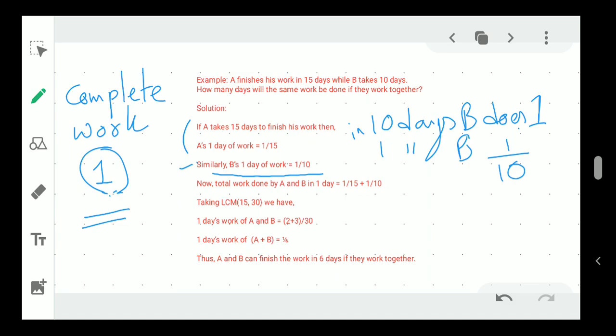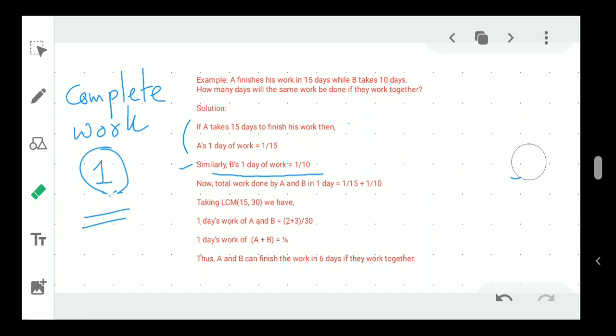So I know how much A will be doing in 1 day, and how much B will be doing in 1 day. So in 1 day how much can they both working together do? Addition of the two works. Like say in 1 day you can eat 5 chocolates, and in 1 day I can eat 3 chocolates.